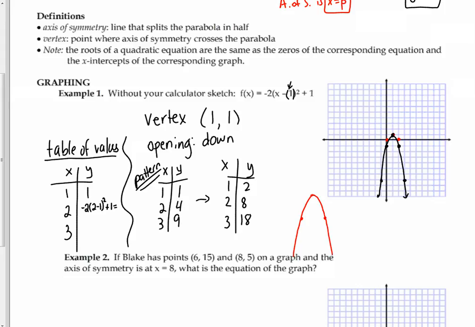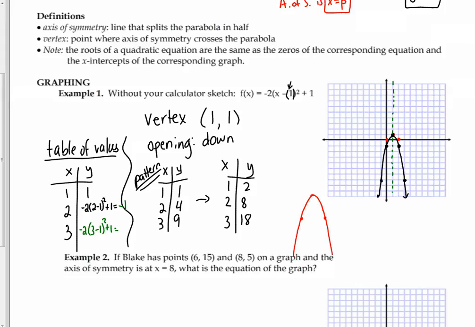The axis of symmetry is this line here. Once you know one point on the axis of symmetry, you can just mirror it. You know the other one. I can plug in, solve for 3. It's another way we can do that if you don't like the pattern way. 3 minus 1 squared plus 1 equals what?